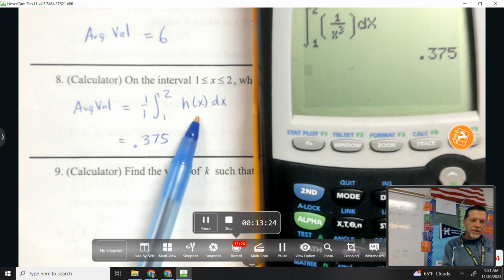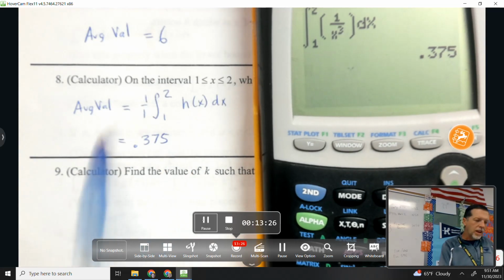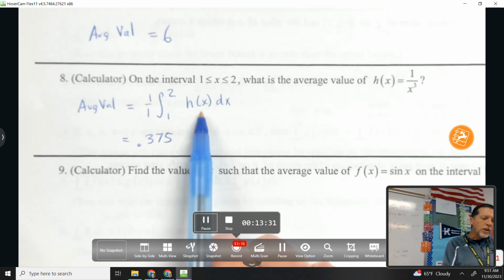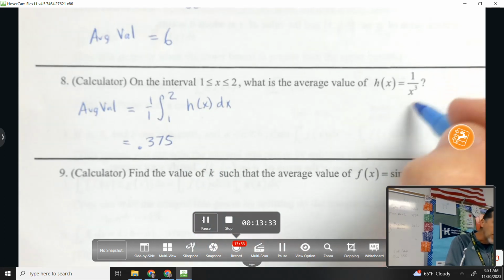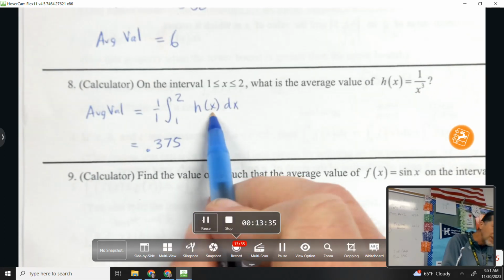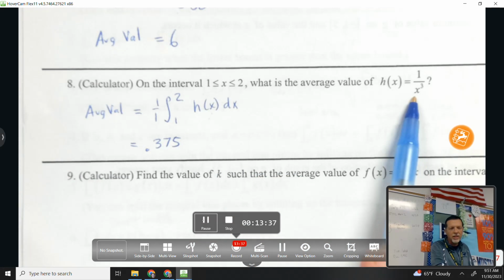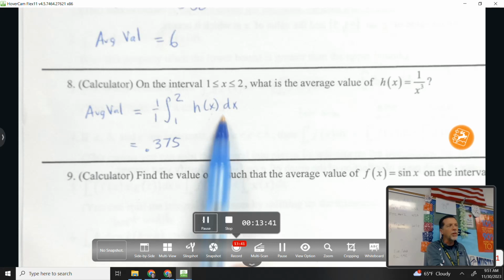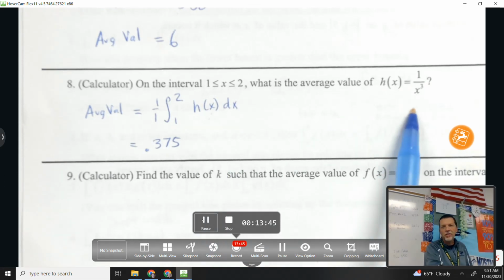One more comment on this, and then we'll move to the worksheet. When you're showing your work, this is enough. You can use h of x. You don't have to put the actual expression in there because the expression is defined right there. So this is an acceptable amount of work shown. And who cares if it's just 1 over x cubed?